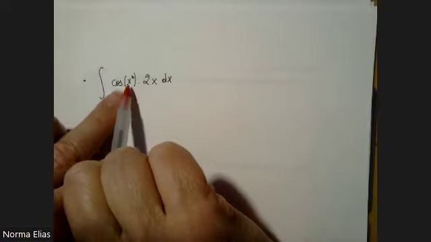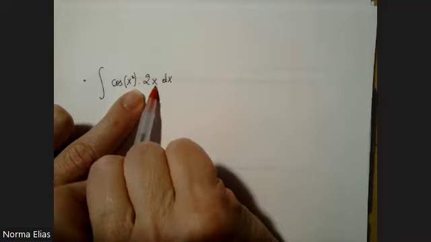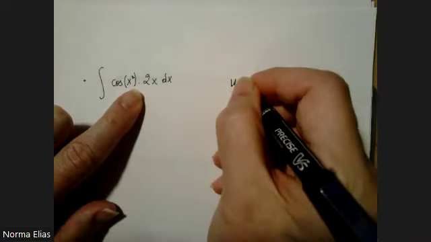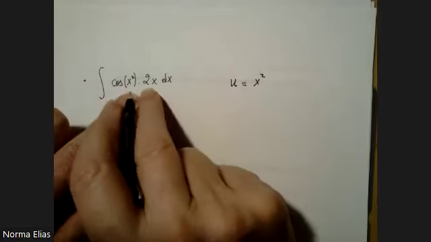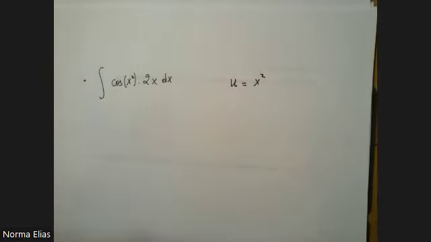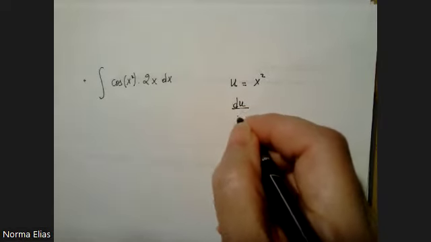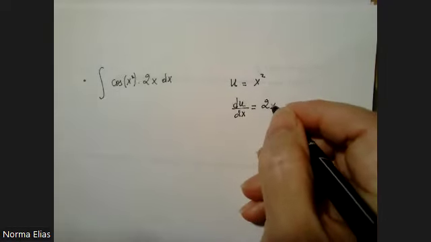So I have an inside function x squared, and its derivative is part of the integral. So whenever I have something like this, I have to introduce a u. And I let my u be the inside function, the function whose derivative is staring at me. Once we do that, we evaluate the du dx, the derivative, which is 2x.